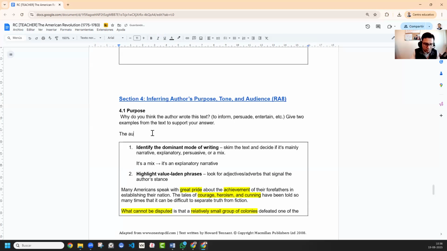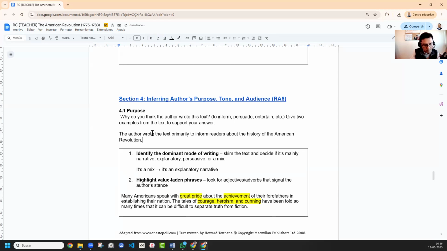So we can say that the author wrote the text primarily to inform readers about the history of the American Revolution, and more specifically about the American Revolutionary War.